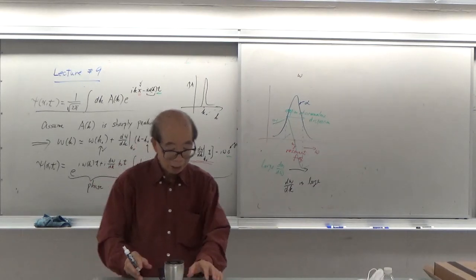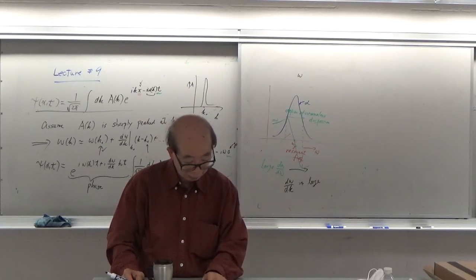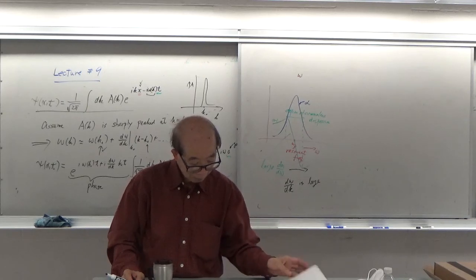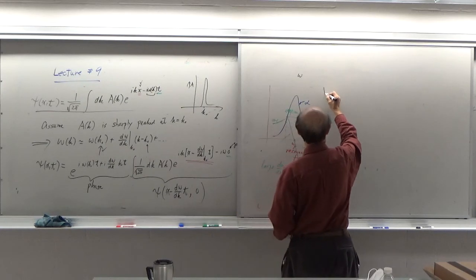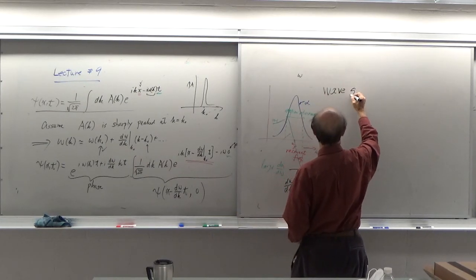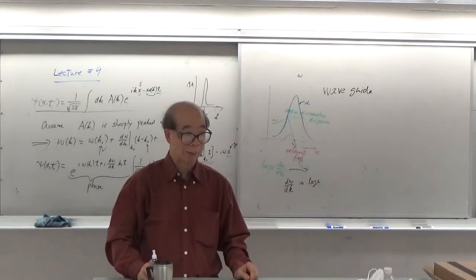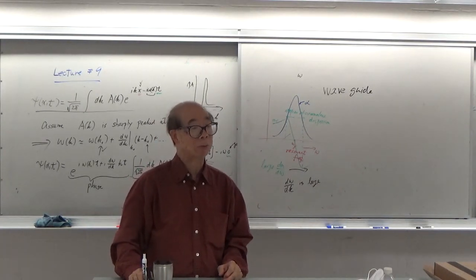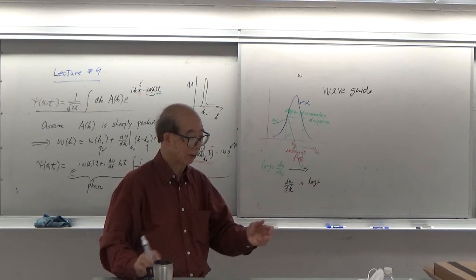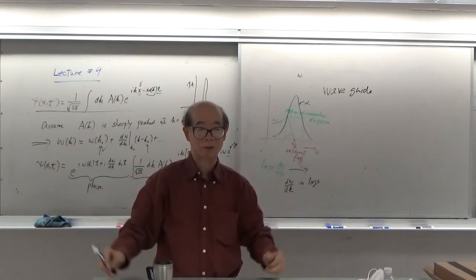And next time, I will talk about one more thing that is contained in chapter 8 in Griffiths, and that has to do with the study of waveguides. Then we talk about transportation of electromagnetic waves inside a certain tube. So we will be talking about electromagnetic waves in confined regions, instead of propagation of waves in unconfined regions.